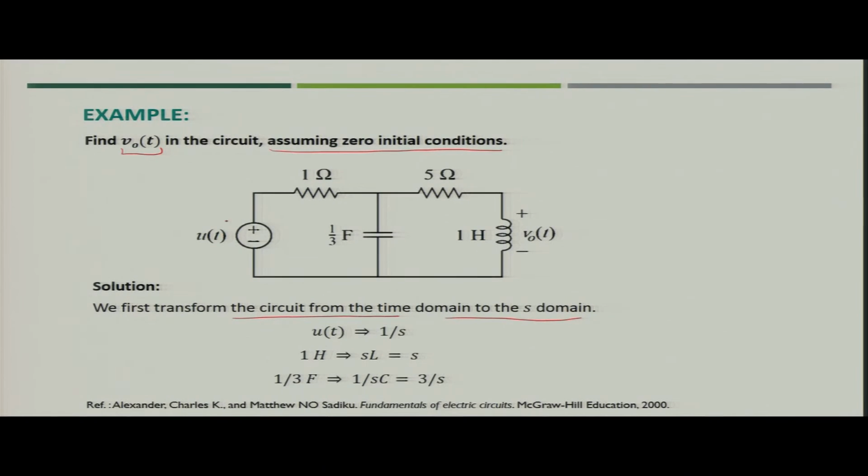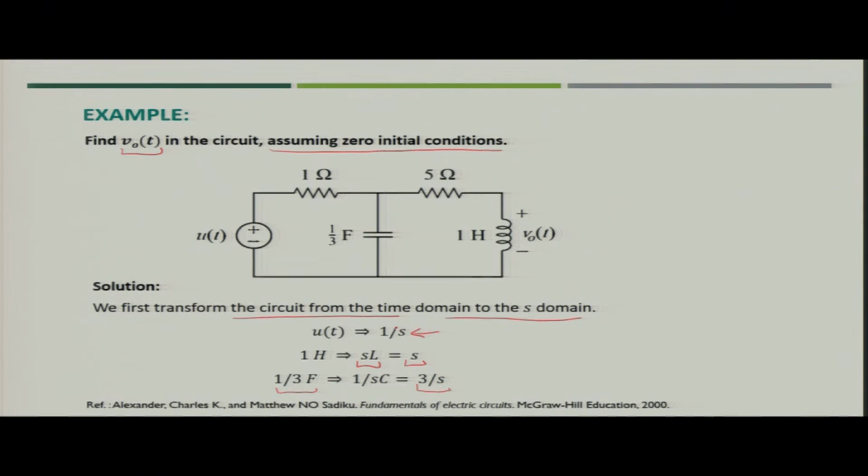So, the source, which is unit step function, when you convert into S domain, it will become 1 by S. The inductor is sL and the value of L is 1, so it will become S. The 1 by 3 farad capacitor will have the value 3 by S in S domain.